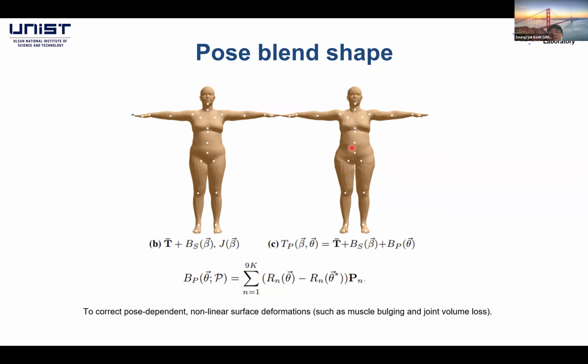That is actually reflected in the shape model like this. Because of that, it is not controlled by this beta, which is the shape parameter, but by the pose parameter vector. They want to further count some of the shape variation due to the pose.